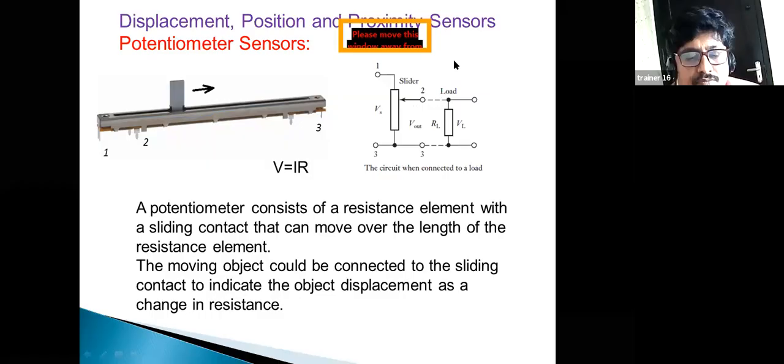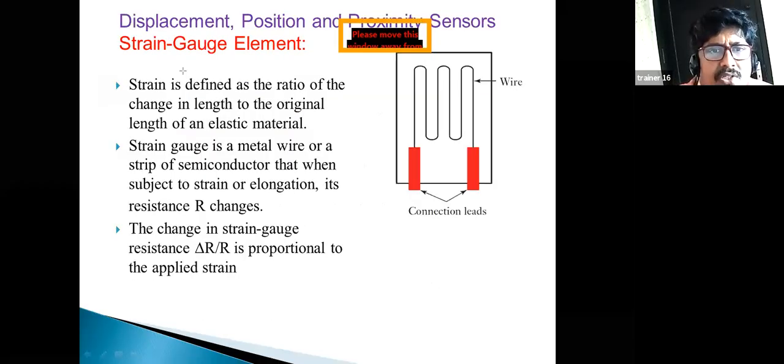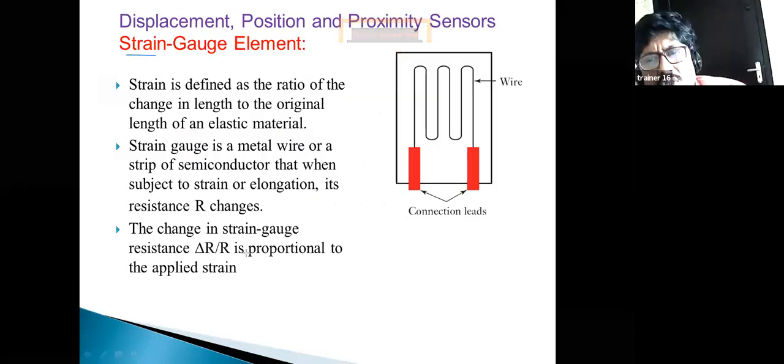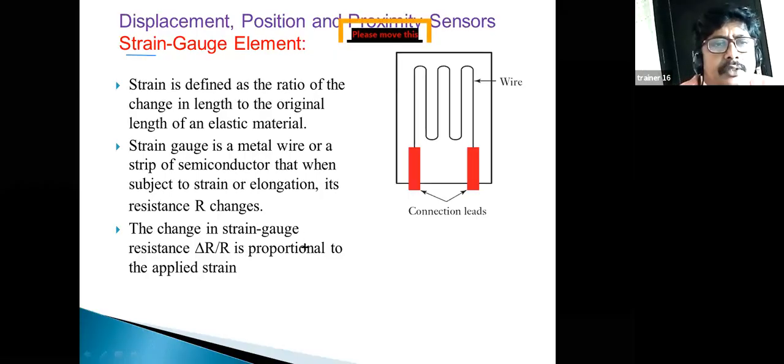Strain gauge element. This is one of the very good ones. All of you know the strain gauge. Strain is defined as the change in length relative to the original length.